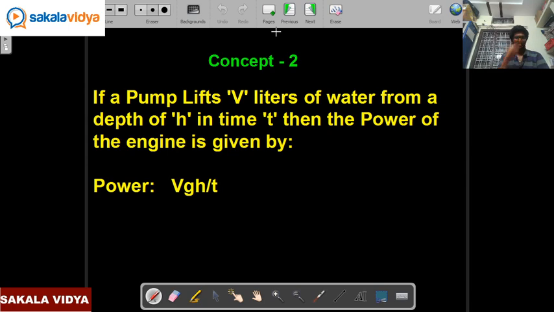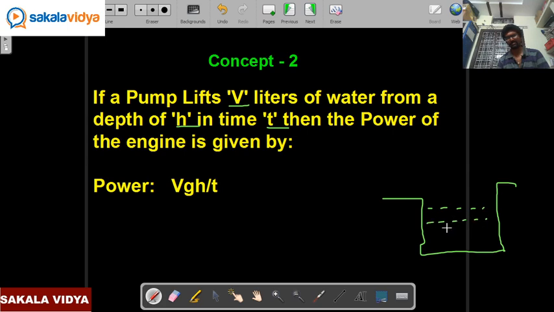Concept number 2. If a pump lifts V liters of water from a depth of h in a time period of t, then the power of an engine is given by, see for example, this is a well where the depth of the well is h units.